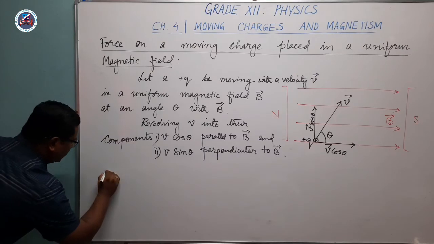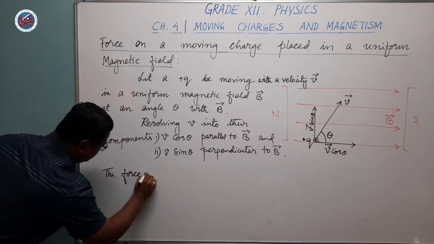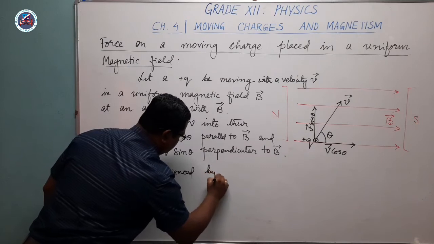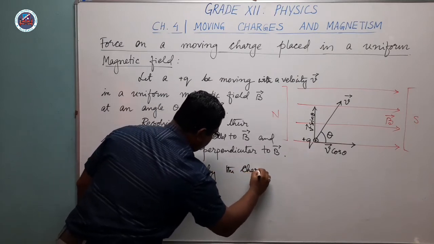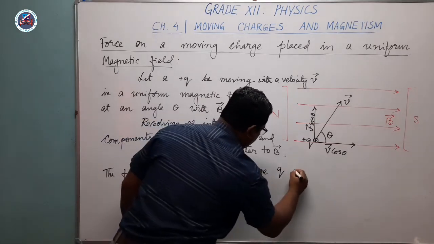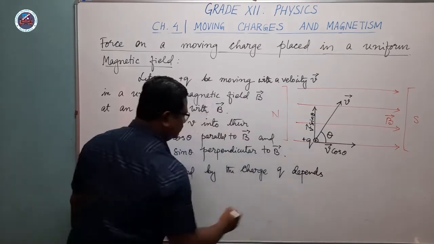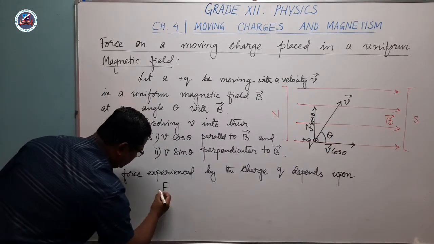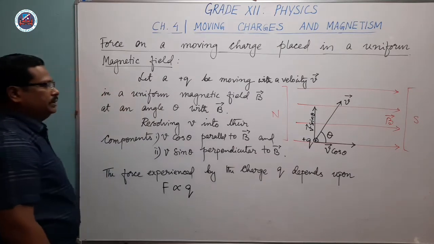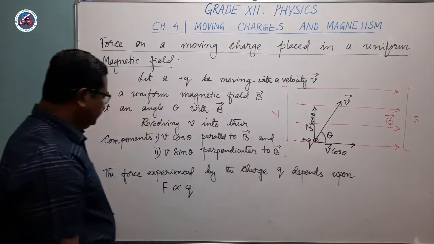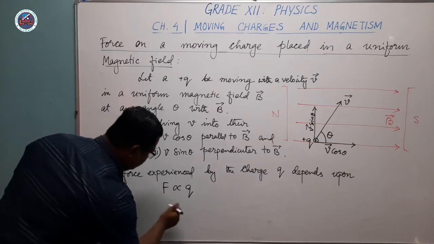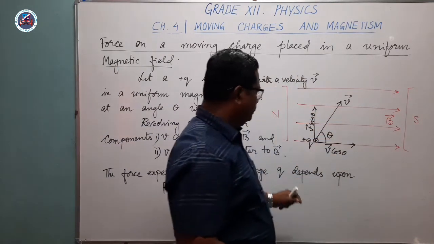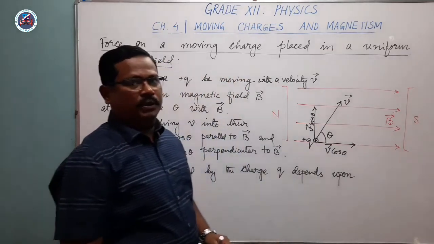Writing here, the force experienced by the charge Q depends upon the first factor, the magnitude of the charge Q. The second factor on which force depends is the strength of the magnetic field B. If the strength of the magnetic field B is more, the force experienced by the charge also will be more.